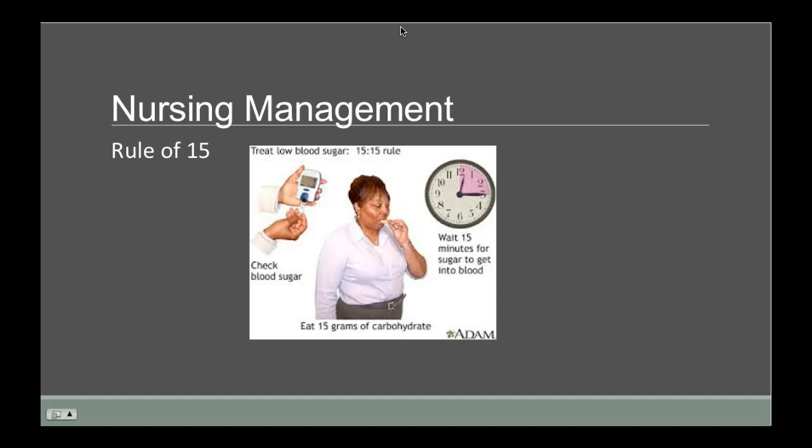If a blood sugar is dangerously low or if the patient is unconscious, another way to treat that is to give the dextrose sub-Q, IM, or IV, and that will act very quickly in the body and bring their blood sugar back up. And then, of course, you would want to continue rechecking their blood sugar in 15 minutes and making sure that it continues to go up so that they are safe.